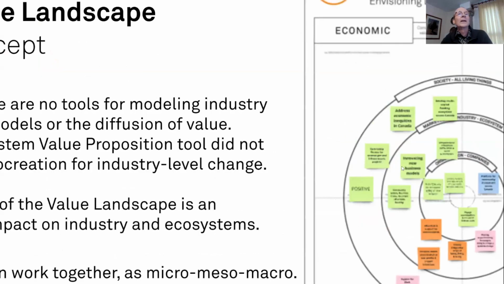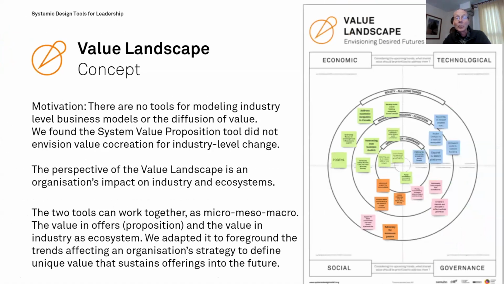Let's see if I can zoom in a little bit. You can see there some of the concepts, even from the three horizons, can be translated as points of value in the value landscape. But also the Catalyst project developed a value proposition model. So this does translate.